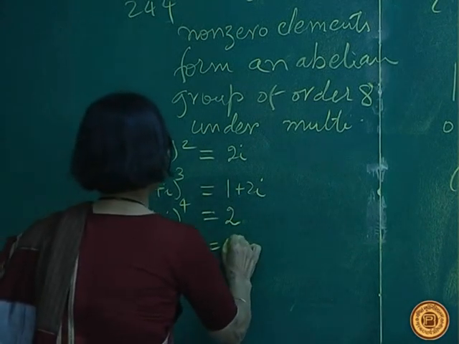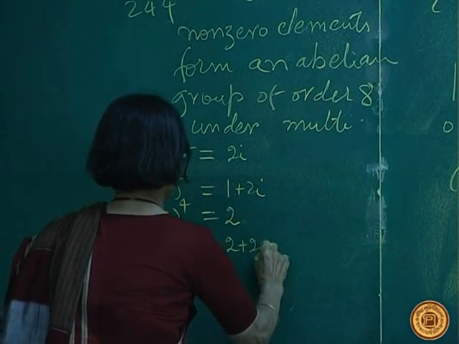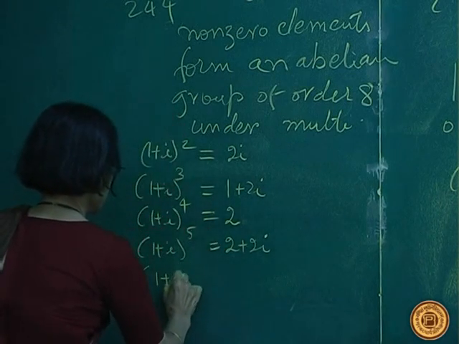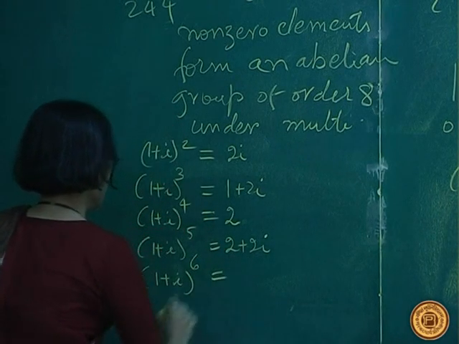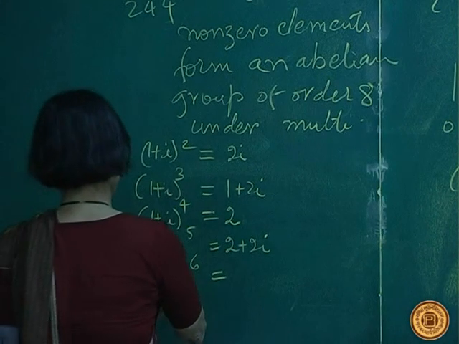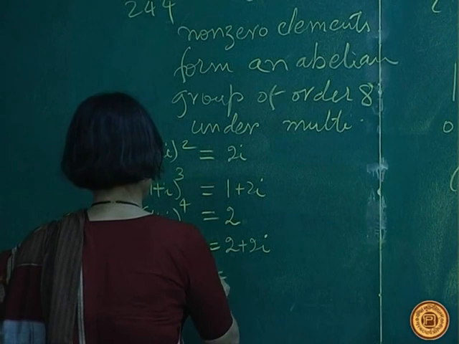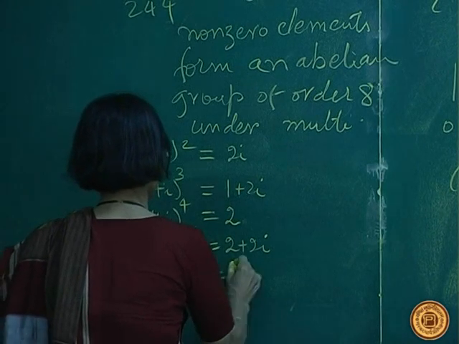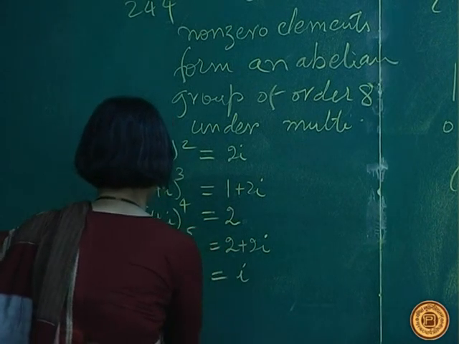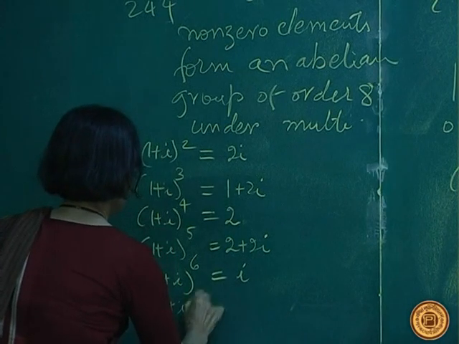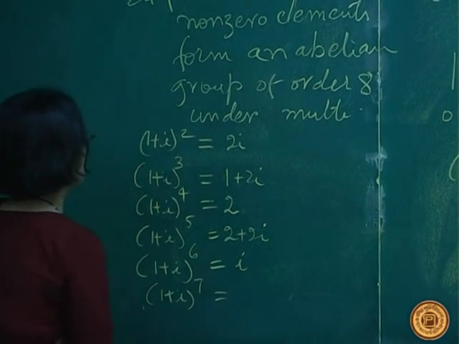The fifth will be 2 plus 2i. And the sixth power will be 2 minus 2, so that goes to 0, and the i coefficient is 2 plus 2 is 4, that is i. And (1 plus i) raised to 7 will be the remaining, which is not covered yet.